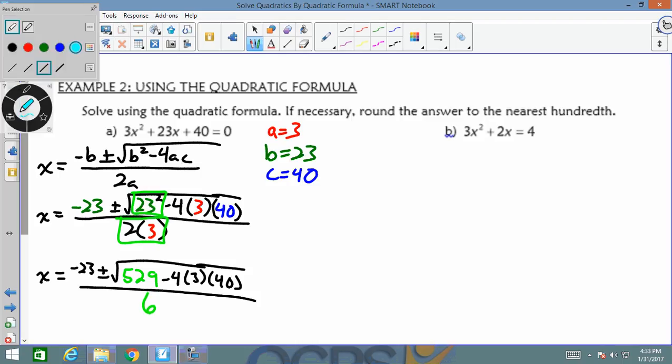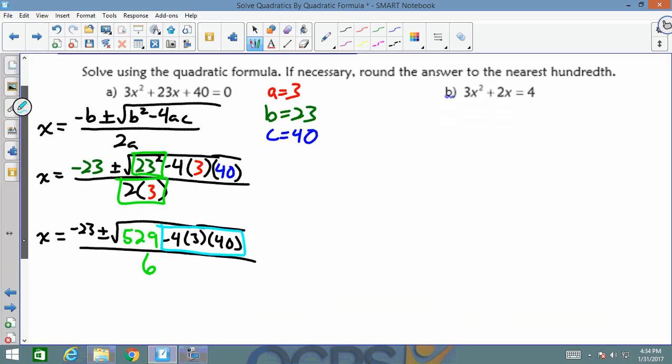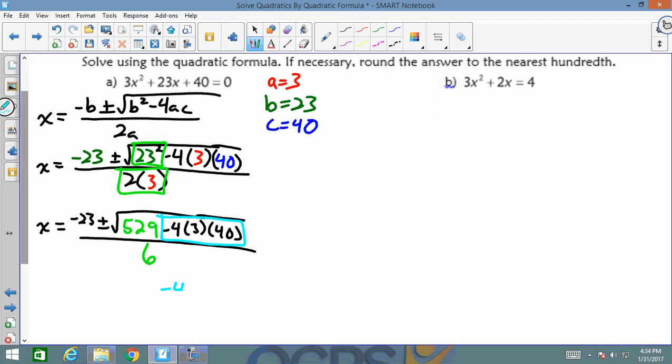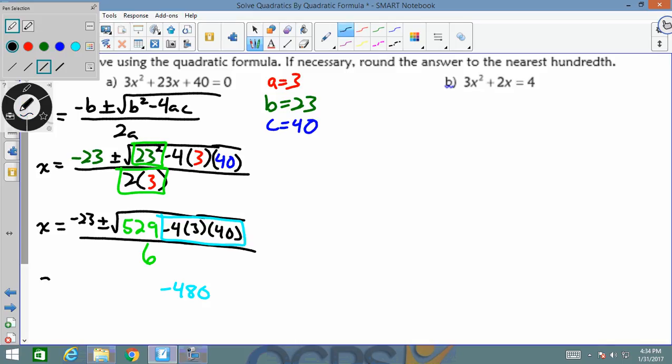Okay. Then I'm going to go ahead and do this part. Multiply all those. So negative 4 times 3 is negative 12. Negative 12 times 40 is negative 480. We're going to bring everything else down. And then we're going to go ahead and do the subtraction here.